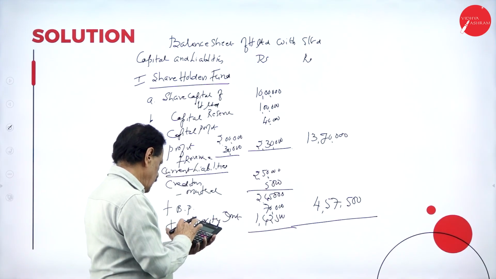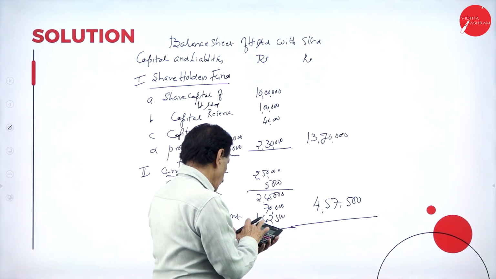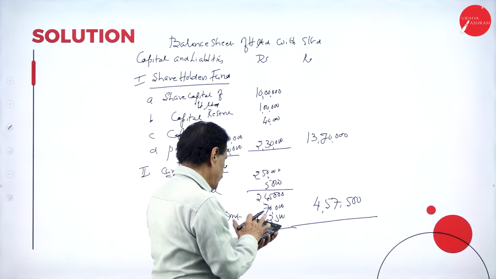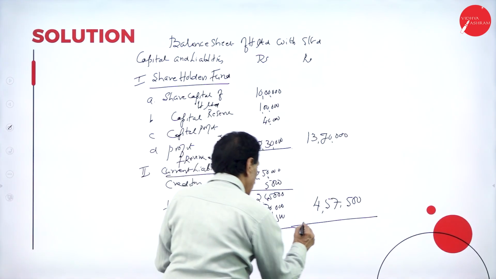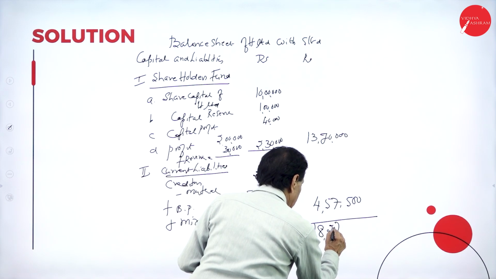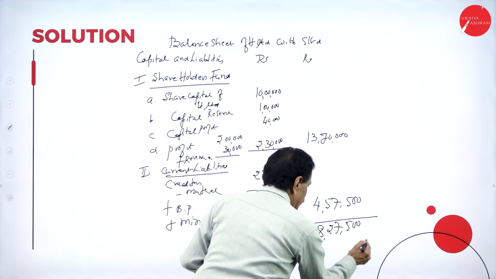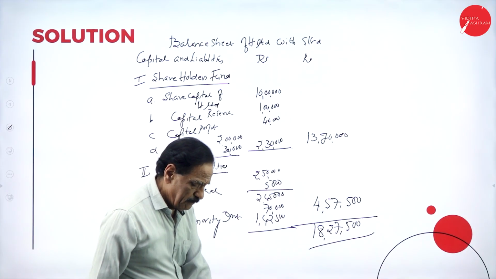Add 13,70,000 plus 4,57,500. 18,27,500. This goes in favor of liability.